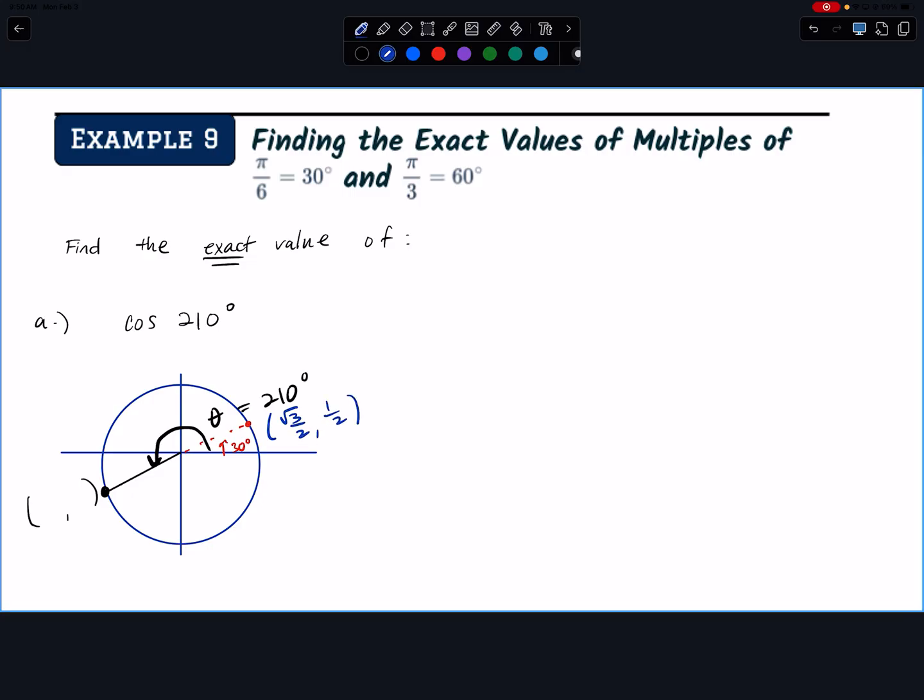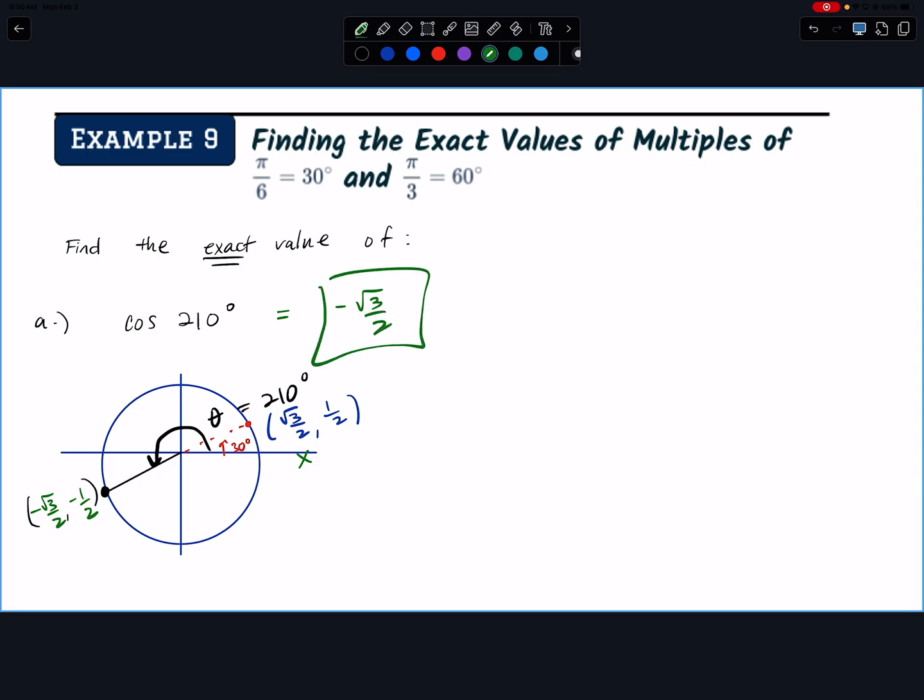Which one is cosine, x or y? X. So we care about the x, and it's going to be the same numbers here. What's the only difference if I'm down here? It's negative, right? So the point here would be negative root 3 over 2 comma negative 1/2. So this answer is negative root 3 over 2.